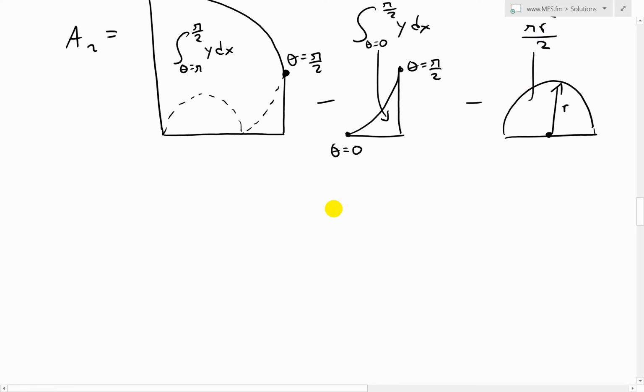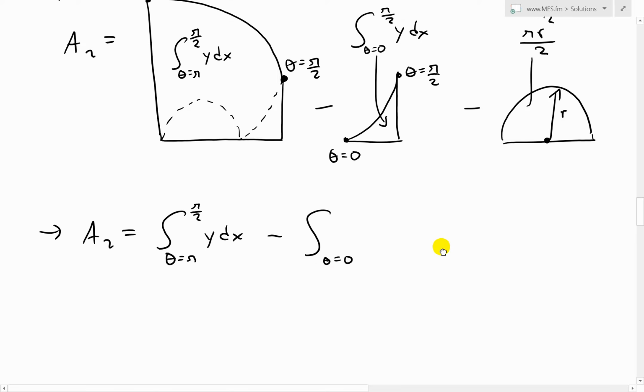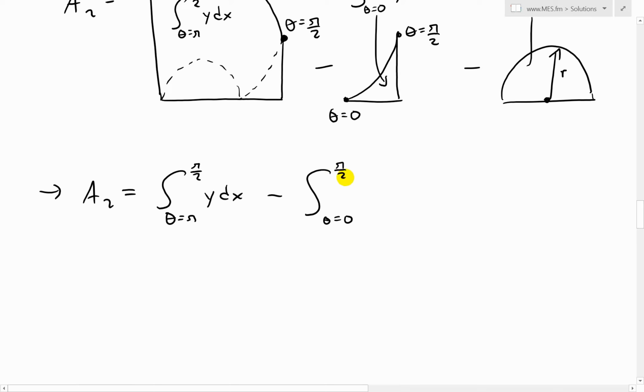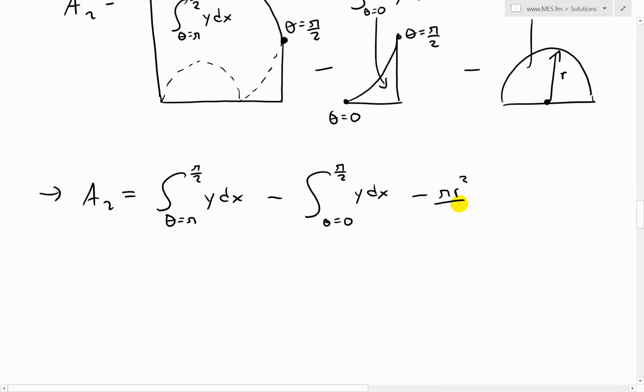So thus, writing these down, we have area a2 equals the integral from theta equals pi up to pi over 2 of y dx, subtracted by the integral from theta equals 0 up to pi over 2 of y dx, and then we subtract this half circle, pi r squared over 2.